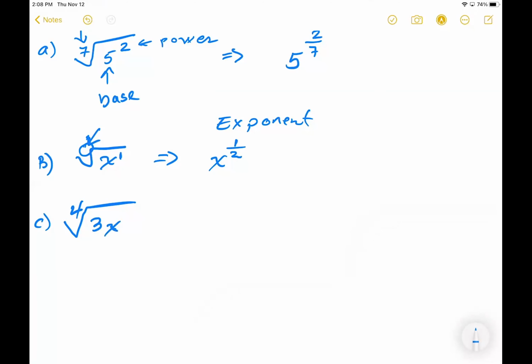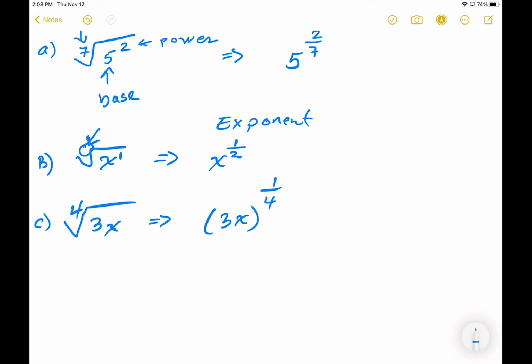If they have this 4, then again, the 4 will be your root, and it doesn't matter what is inside here, because inside is your base. So if they asked us to write it in exponential form, it will be 3x, which is your base, raised to what is the power of the 3x? Well, the power of the 3x is 1 power over the root, which in this case is the 4 root. So again, this is the idea of chapter 10.2.